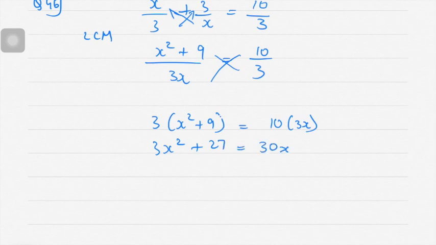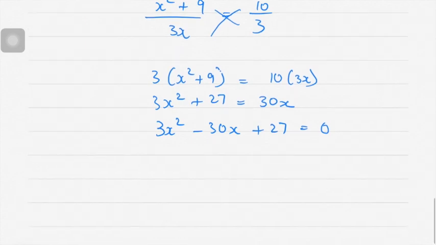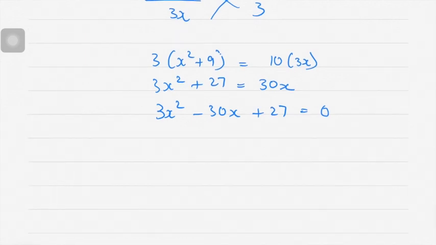Okay, so when you open the bracket, 3x square plus 3 nines are 27, 30x. Okay, now bring this 30x to the other side, so it will become 3x square minus 30x plus 27 is equal to 0.